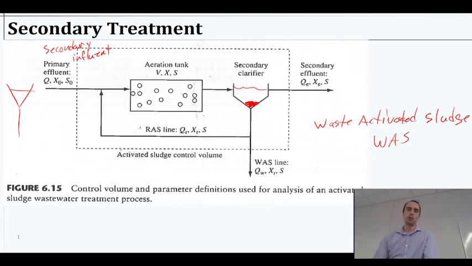That's how people will call it, the WAS line, the waste-activated sludge line. This is activated sludge. It's an aeration tank, an activated sludge basin. Basically we're just creating as much oxygen-driven biological activity as we can so that it doesn't happen in the environment when we discharge the water. We'll have a recycle line, or recycled activated sludge, RAS.